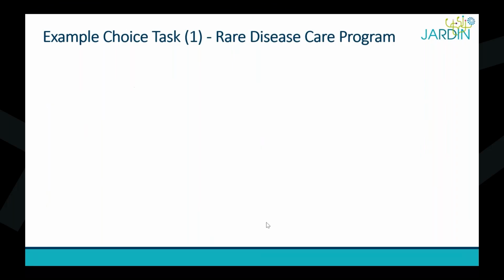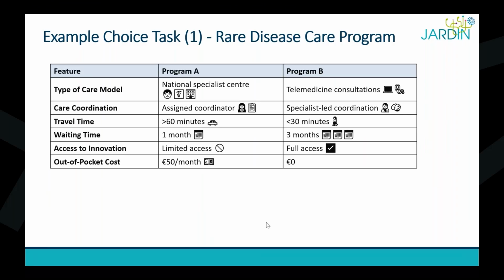Basically, if you find some combinations of attributes in a certain program or alternative, you tell the software to reject them. Then the software will reject them and give you plausible combinations that will be included in your survey. This is just a manually created example, but the actual design should be done using software like Engine or other similar software.